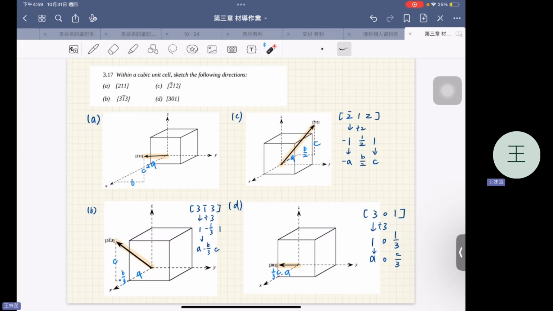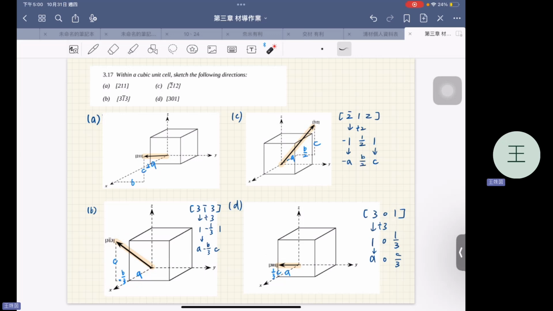But I'll make it a smaller scale, so I divide by 3. So it is 1, minus 1/3, and 1. If we want to put it inside the cell, then we know for the x-axis we need a, for the y-axis we need b, and for the z-axis we need c. So it's a, minus b divided by 3, and then c. So it's here.